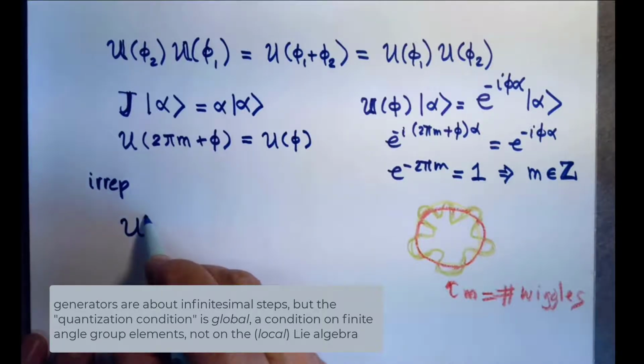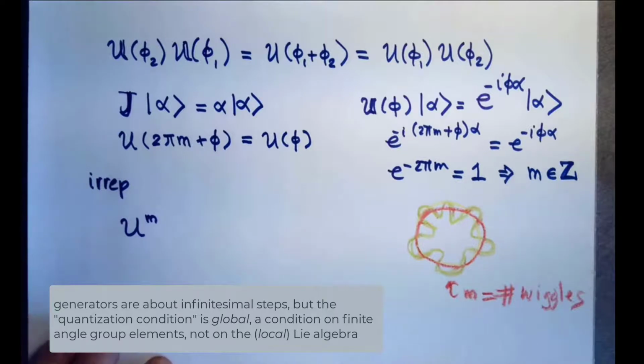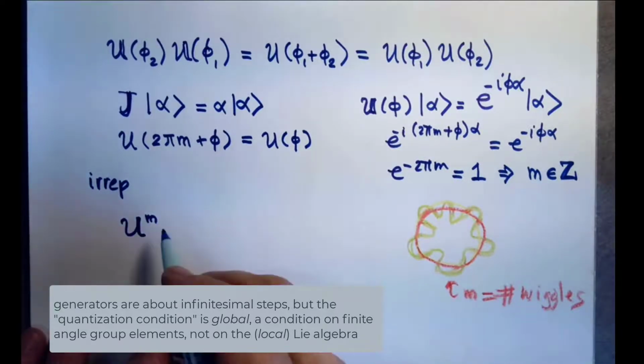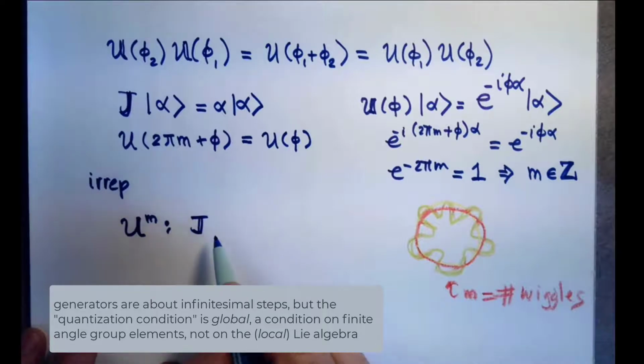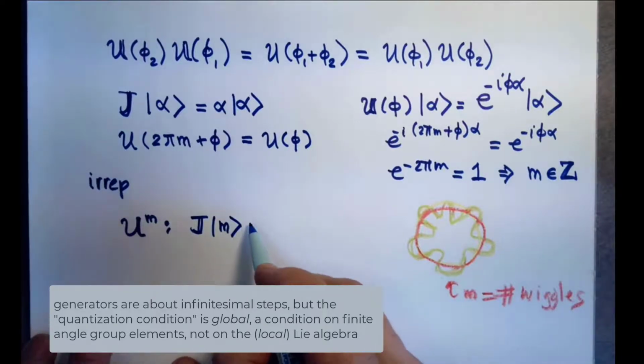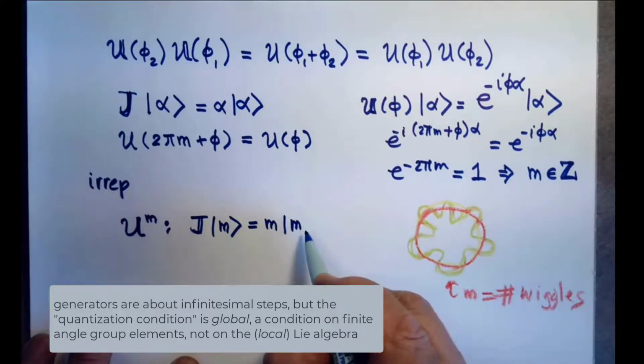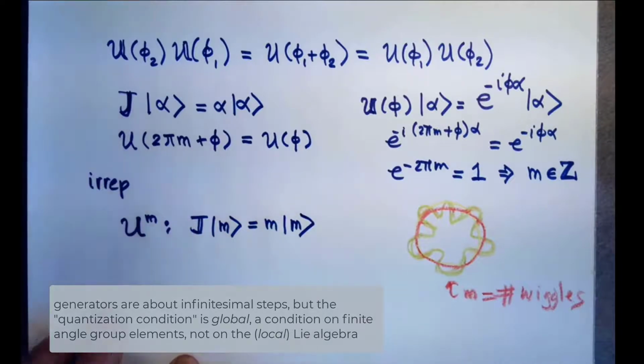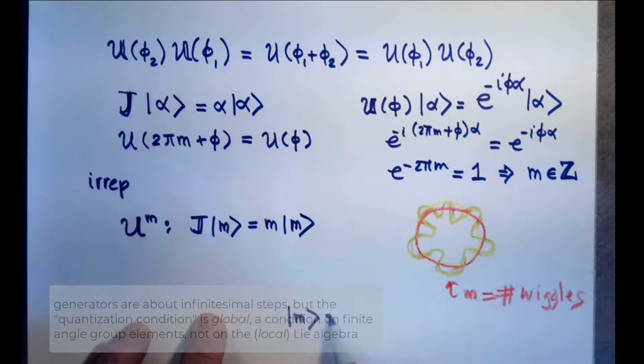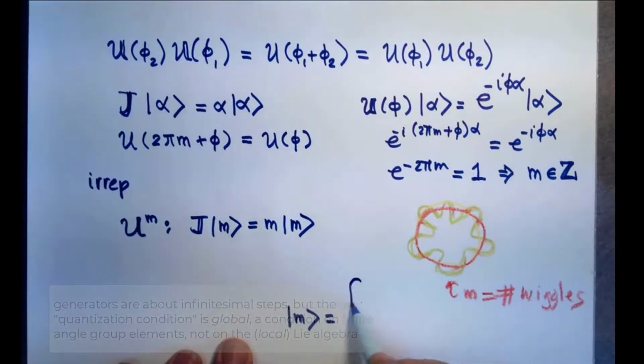For example, you put M here, not meaning exponent, but meaning just the representation labeled by integer M. And that's defined by saying that its generator acting on the eigenvector returns integer value M.